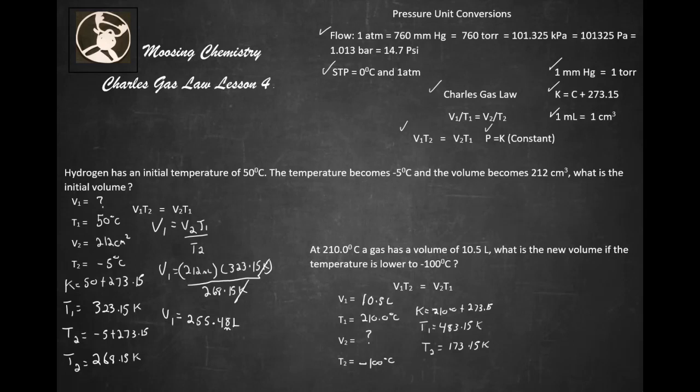So now let's isolate for our V2. V2 equals V1 T2 over T1.